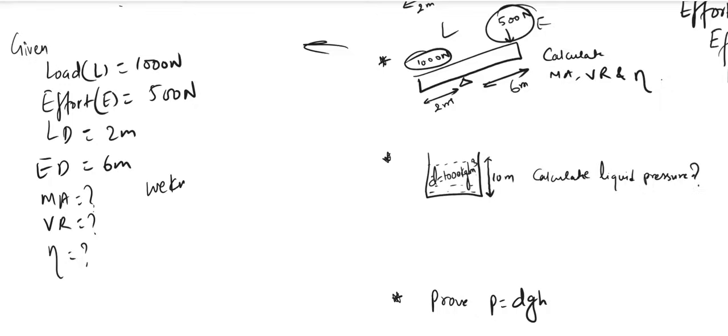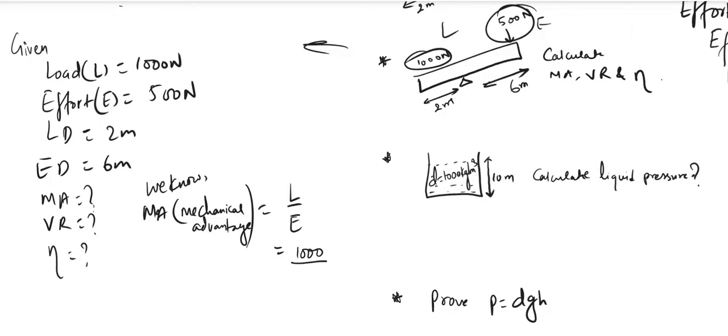We know MA means mechanical advantage. Mechanical advantage is equal to load upon effort. So load is 1000 Newton upon effort is 500 Newton. So the answer is 2.